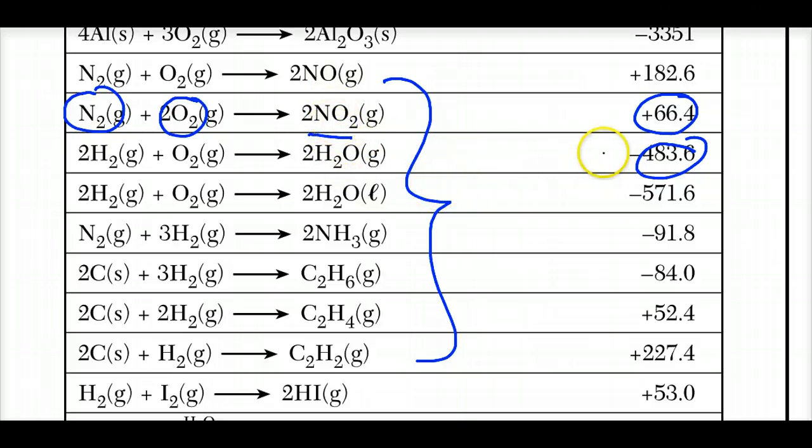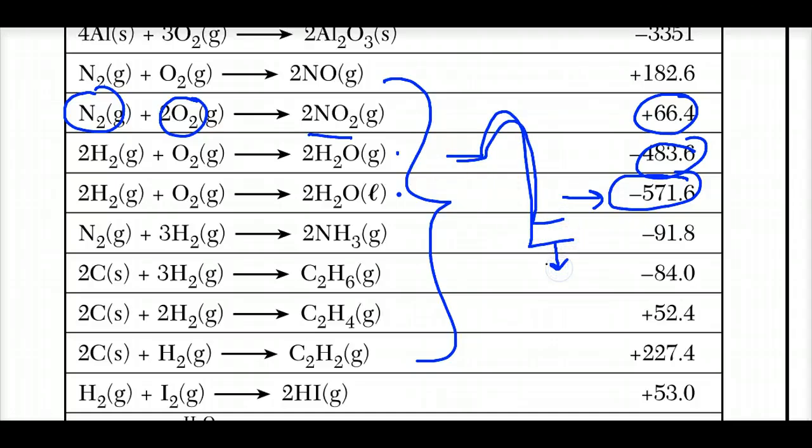If something is exothermic and more exothermic, like for instance gas to liquid, who is more stable? The one that gave off more energy is more stable. So the more exothermic you are, usually the lower in energy you are, which means stable. So you can compare the strengths of bonds by how much energy is released. Obviously, if you're absorbing energy when you make something, you're making something more unstable.